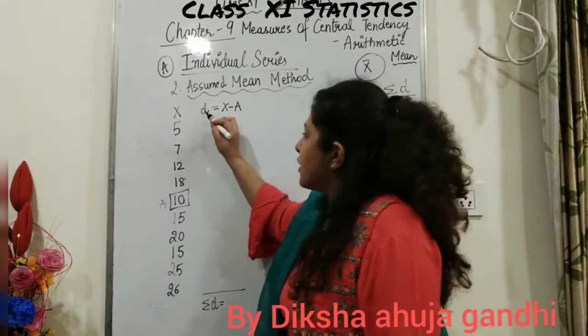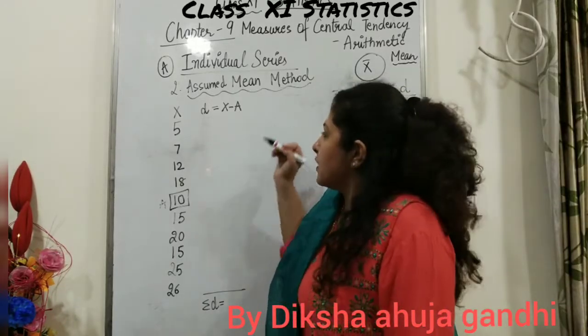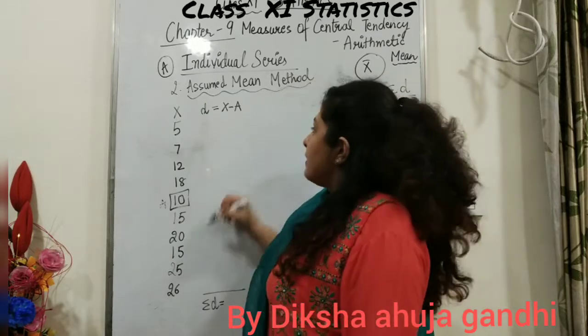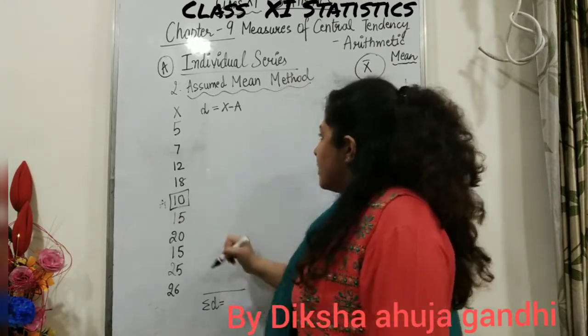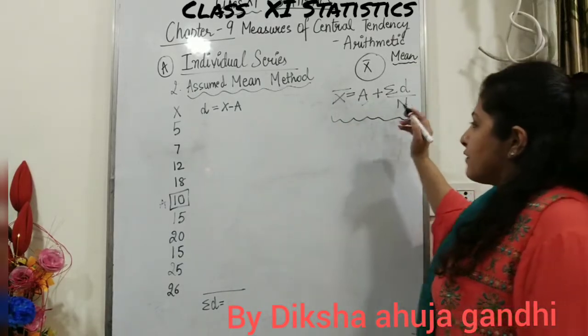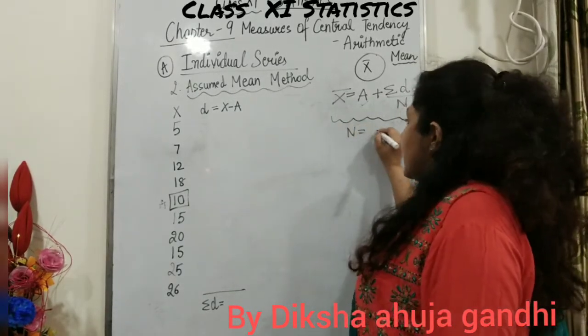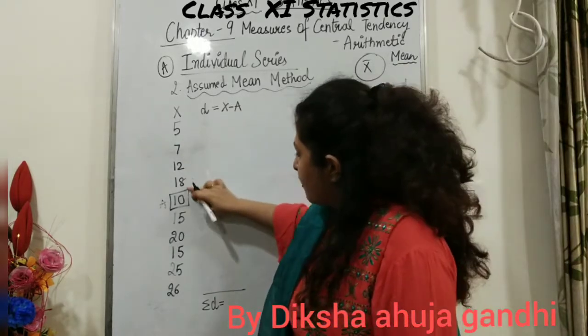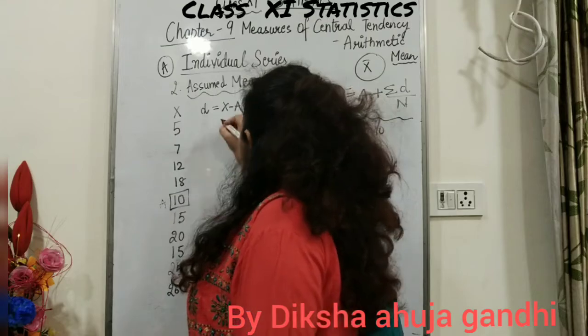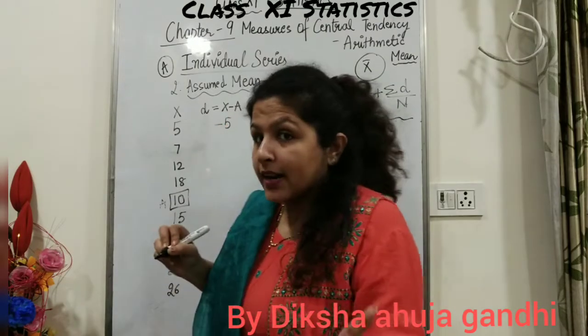What is D? D is the deviation from that assumed mean. So we will subtract the assumed mean from all the values. We will subtract this 10 from all the values, then take the summation of that, divided by the number of observations, which we already know is 10: 1, 2, 3, 4, 5, 6, 7, 8, 9, 10. So let's start. 5 minus 10 is minus 5, we will not ignore the negative sign.